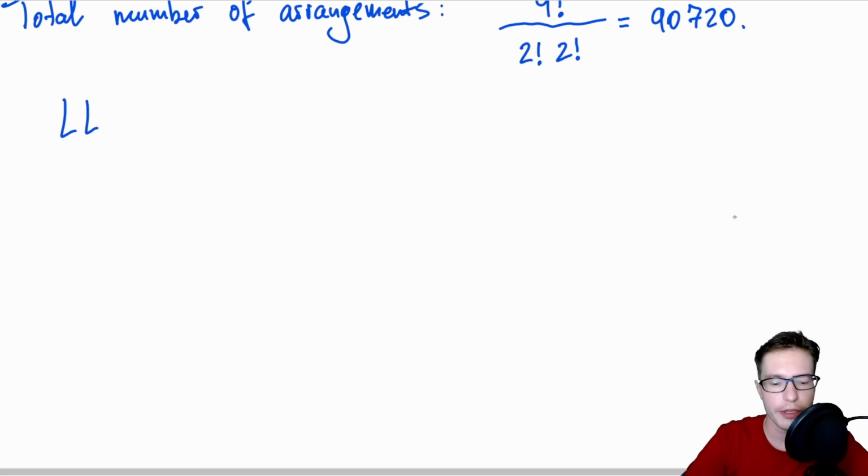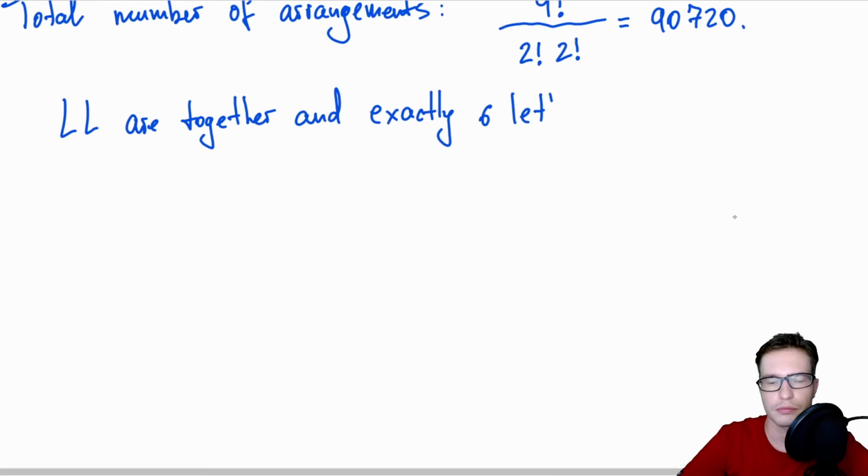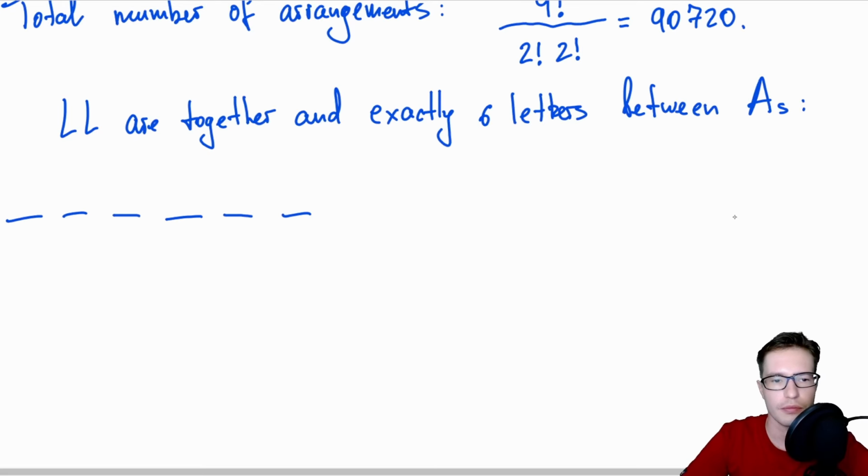Now here comes the more difficult part. 2 L's are together, and exactly 6 letters between the 2 A's. Now, how can this happen? Let's draw the diagram again. I need to have 6 letters in between A's.